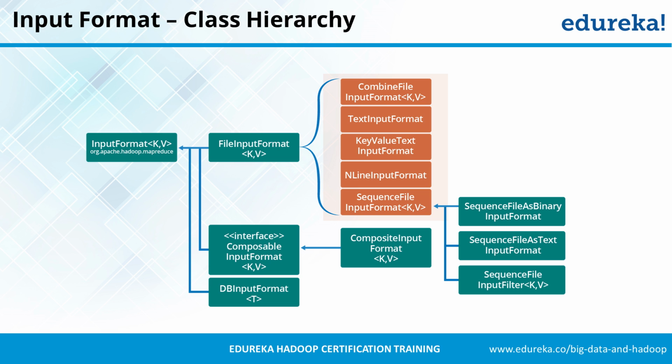So we have a question from Matt, and he says, according to the diagram, file input format and composable input format has two attributes as input, that is K and V, whereas DB input format has only one attribute, that is T. That is a very good question, Matt. Composable input format takes two attributes, which is nothing but the key and value.